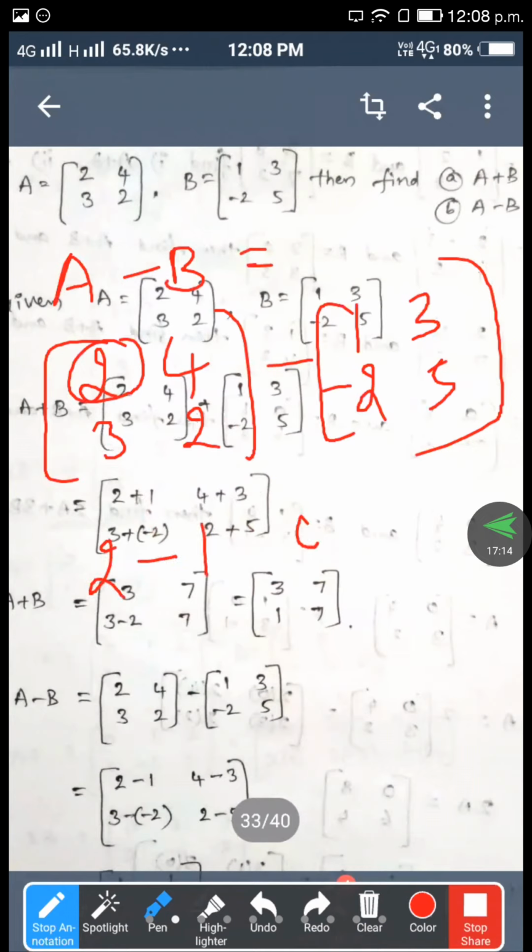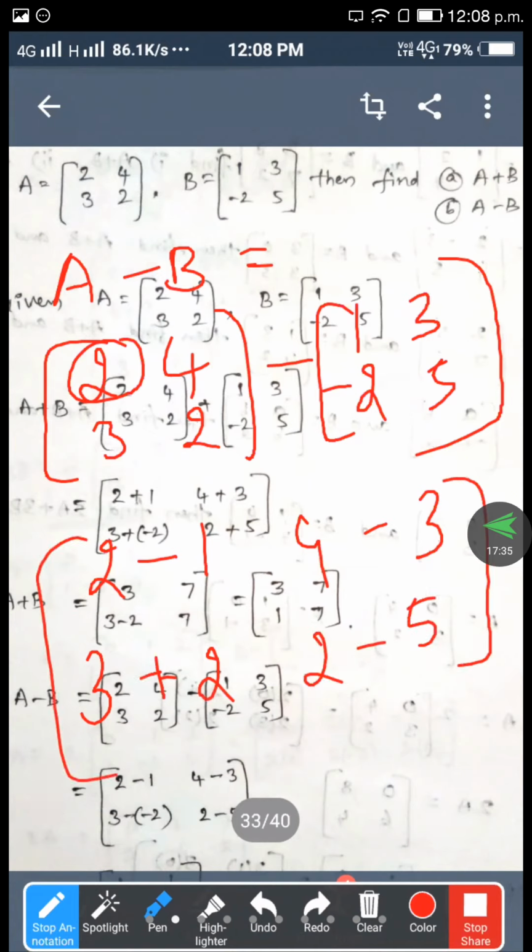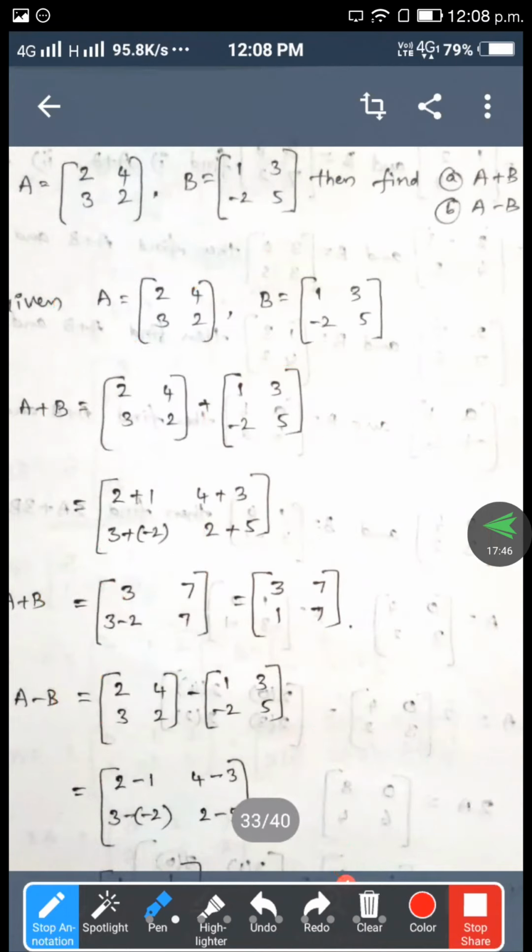Next, 4 minus 3 is 1. Here, 3 minus minus 2, this minus and this minus make 3 plus 2, which is 5. Then 2 minus 5 is minus 3. Okay, that is the answer: 1, 1, 5, minus 3.